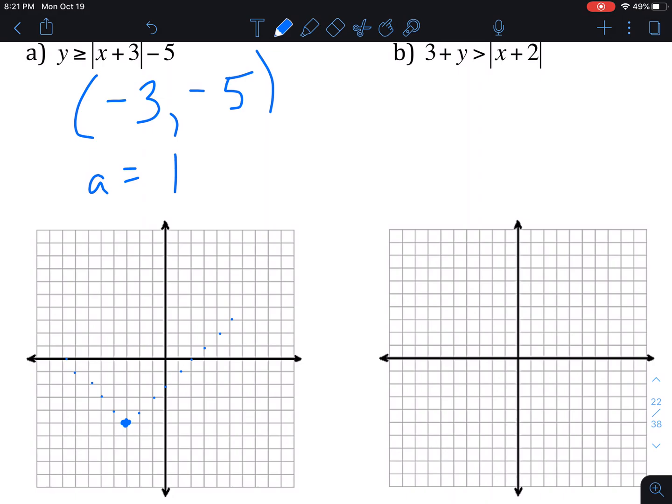Now we have to decide, are we going to have a solid line or dotted line? If you take a look, we have a greater than or equal to. The underline means we're going to have a solid line.